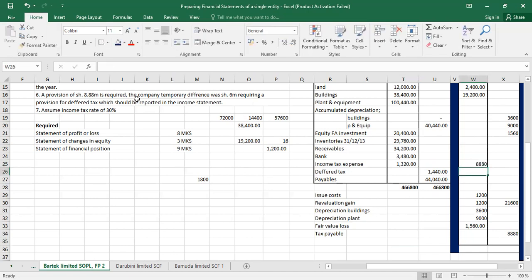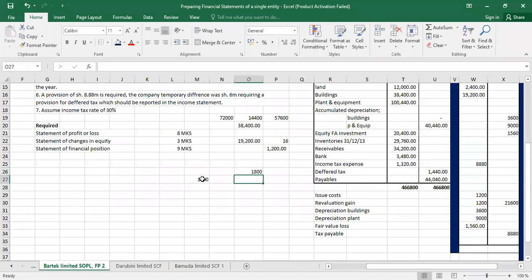Then the company temporary difference. So you must know that temporary difference times tax rate is equal to deferred tax, isn't it? So equals the 30%, because you've been told the tax rate to be 30. You multiply by the 6 million, so it would be 6,000 in thousands, isn't it?